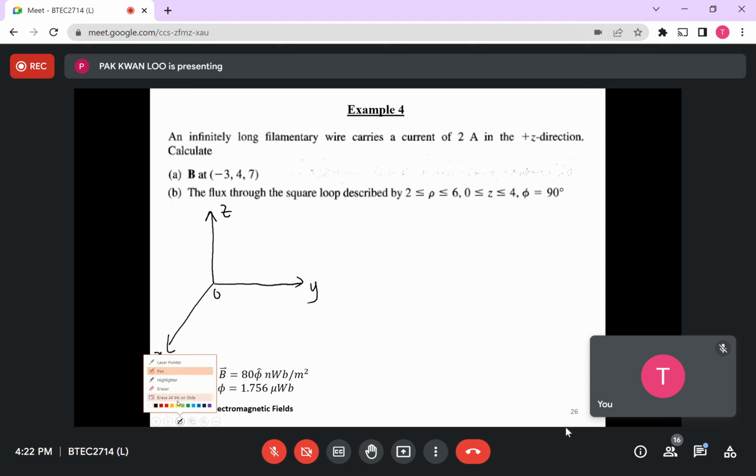The current is in the z direction, 2 ampere.